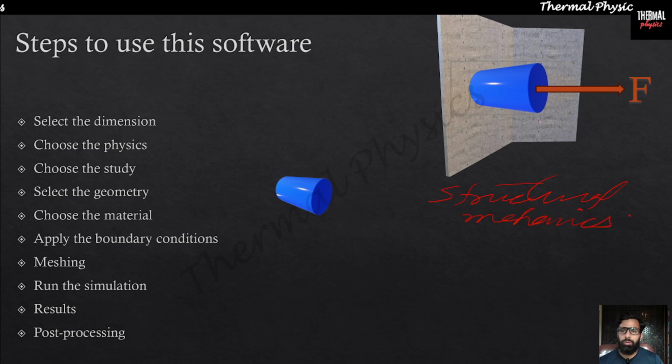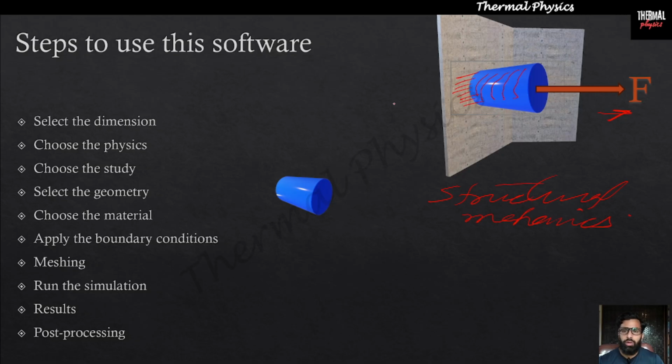It's a simple prismatic bar, a simple cylindrical bar on which an axial load is acting, and on the other end it is fixed to the wall. What we want is to analyze the stress distribution within the material, within this prismatic bar.